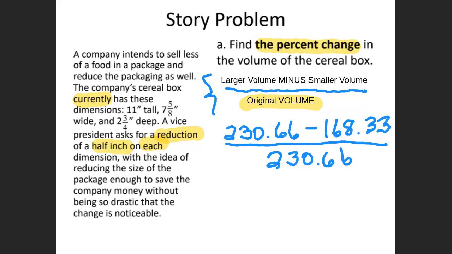I had to do those 2 slides first to get the volume. Now, percent change. My answer has got to have that little symbol in the end. This is 230.66 minus 168.33.